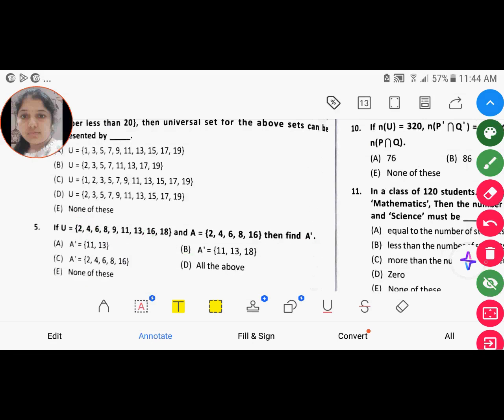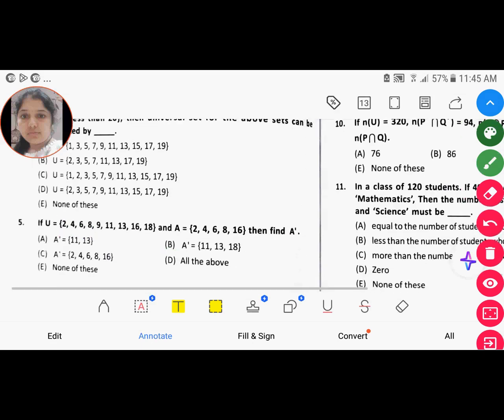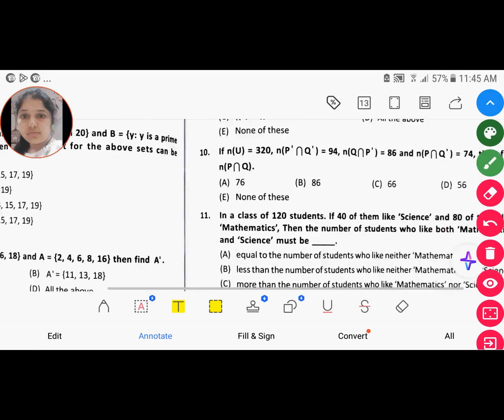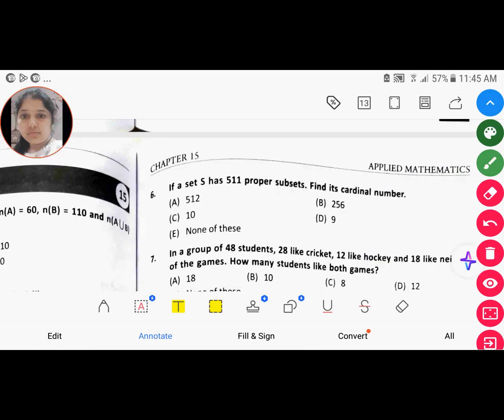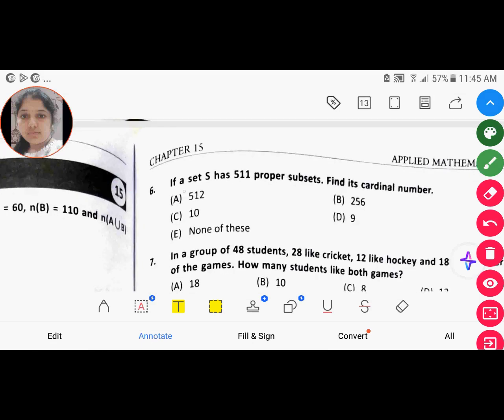So none of these must be the answer. Okay. They forgot to take 9, and in the answers they had given B as the answer, but B is not the answer. Now if set S has 511 proper subsets, find the cardinal number.